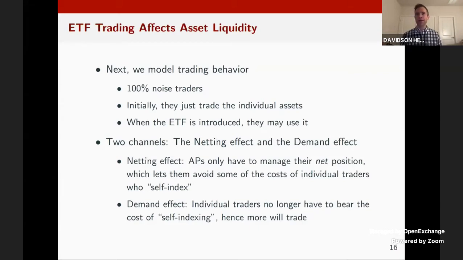At least in expectation, when they're dealing with each other and with the market makers in the individual assets, each of those traders is potentially paying the full cost of entering the market, crossing the bid-ask spread for the individual assets, and carrying out their trades.